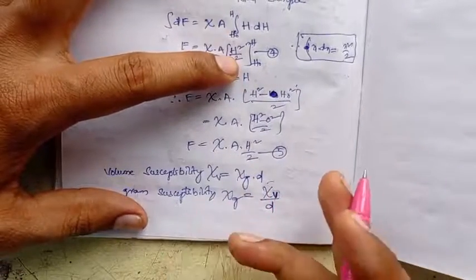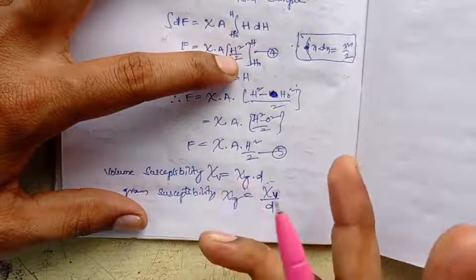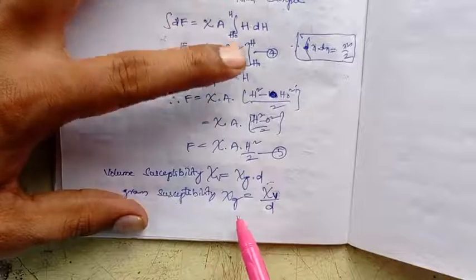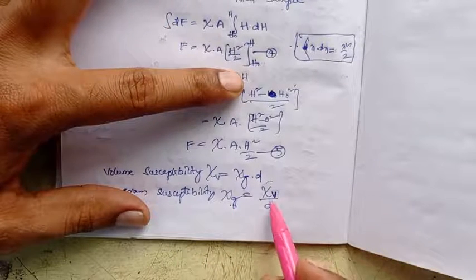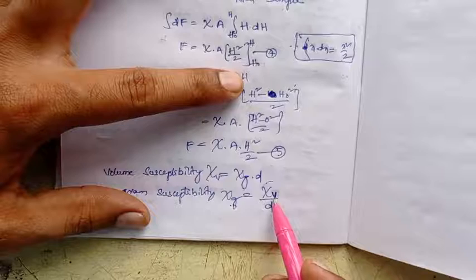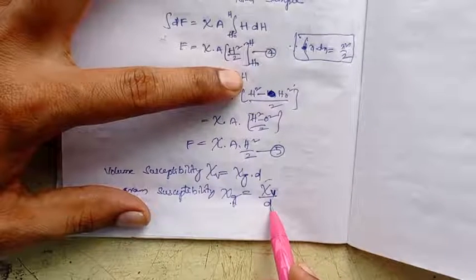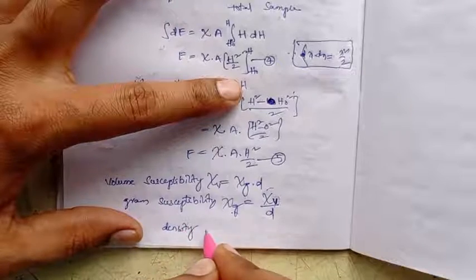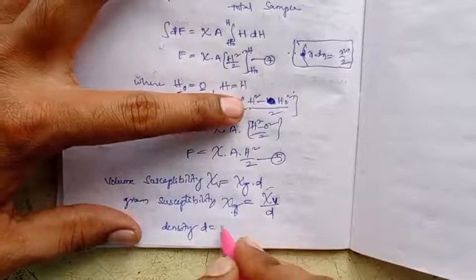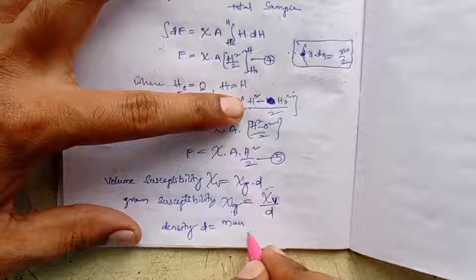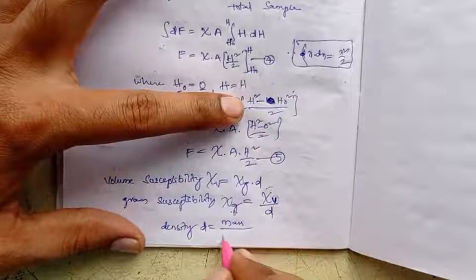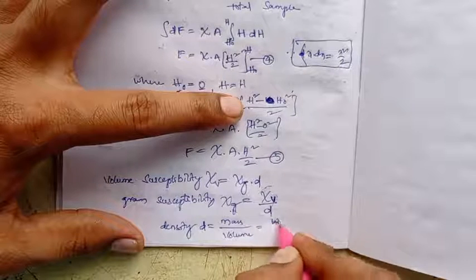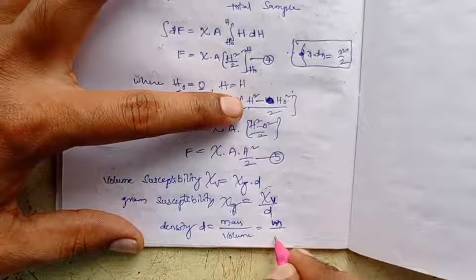There are three types of susceptibilities: volume susceptibility, gram susceptibility, and molar susceptibility. The gram susceptibility is equal to the ratio of volume susceptibility and density. Here the density d, we know, is equal to the mass of the sample divided by volume, m by v.